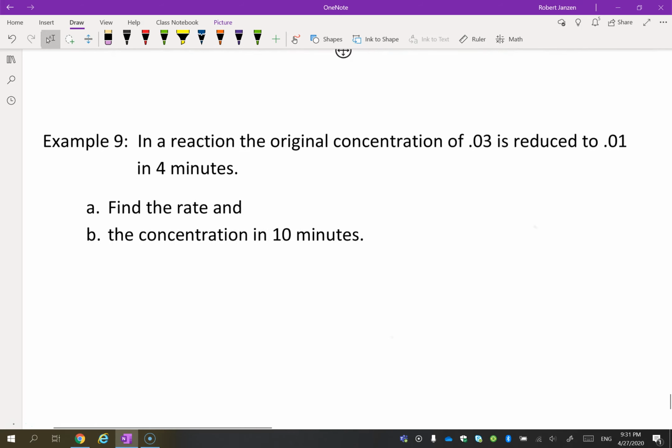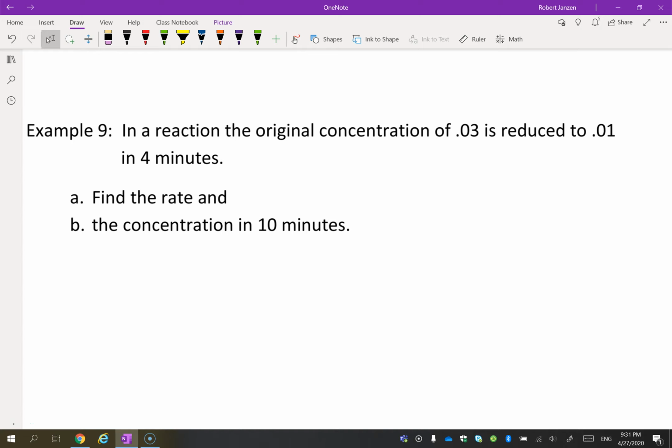It gets a little trickier with this type, and this is a really common type of question. It says a concentration is reduced. So if you look at the formula, the original amount is decimal 0.03, and it gets reduced to decimal 0.01.